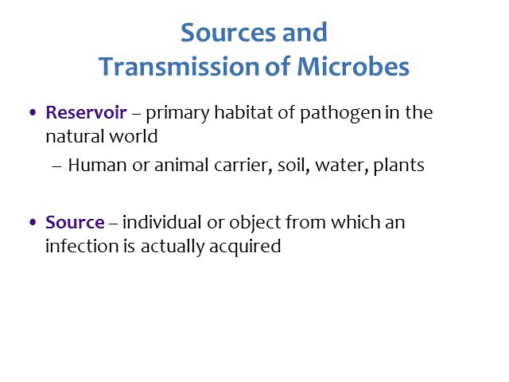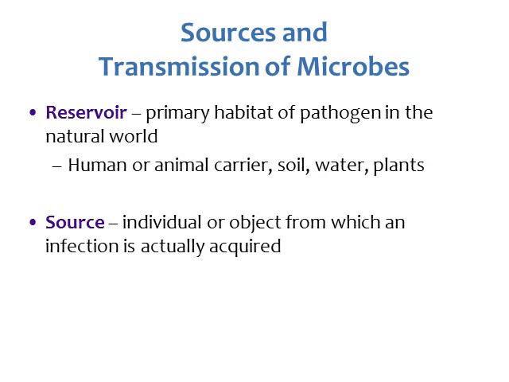Microorganisms that can cause infection are picked up from different sources. So all microbes have a reservoir. This is the primary habitat where that pathogen just naturally lives. It could be in a human, or a lot of times it's in an animal, soil, water, plants. So this is where that microbe just normally lives.